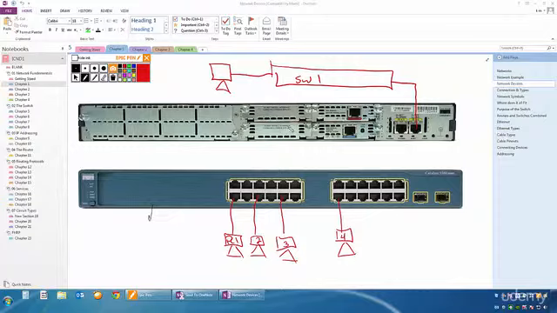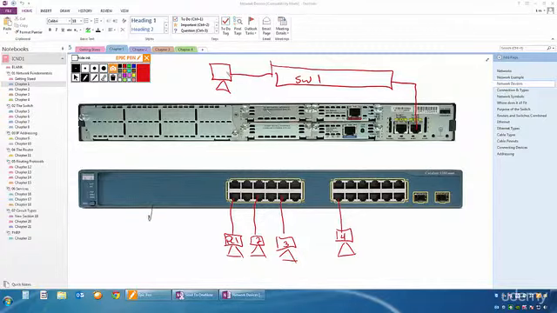Now, a different network is defined by the IP addresses that we assign, which we're going to learn later on in the course. We've got a lot more to cover before we get into that aspect. But PCs that are sitting on the same network can communicate with each other. These networks are not defined by location, but by the IP addresses that we assign. And again, that's later on in the course.